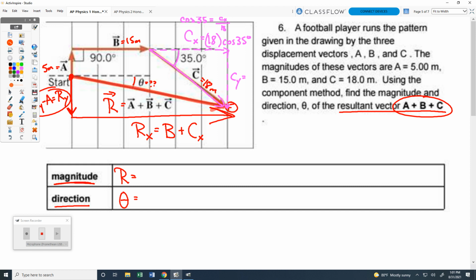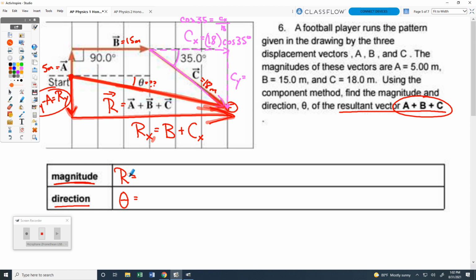I now have a triangle that is made up of these two vectors, and that should allow me to find this hypotenuse. My R squared would equal RY squared plus RX squared. That's just the Pythagorean theorem. I should be able to plug those in and figure out what R is. That'll find R for me.